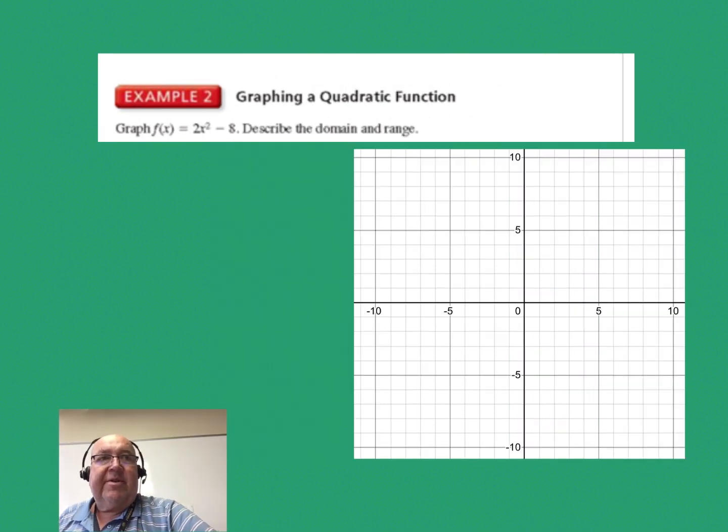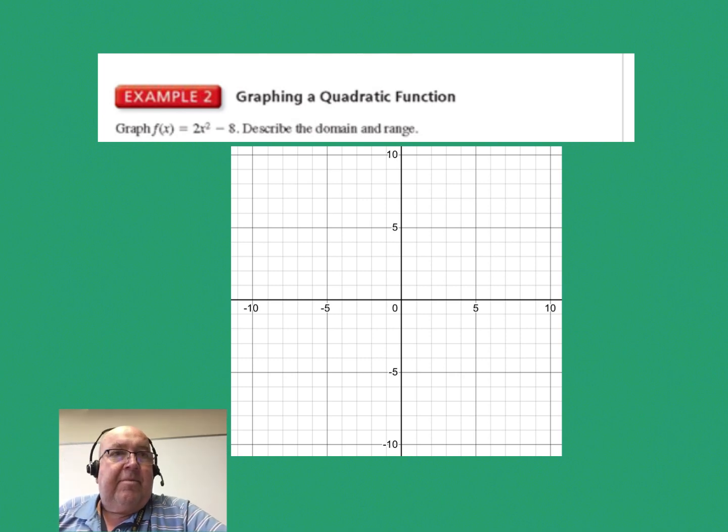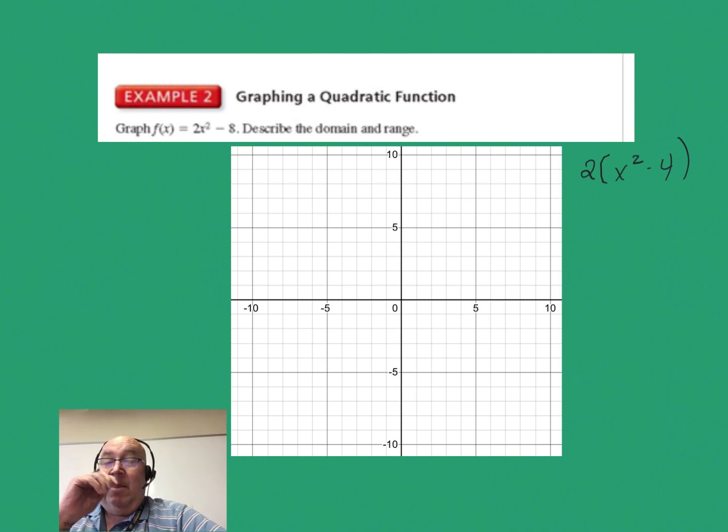So let's look at the function here really quickly. I'm going to move my graph a little bit. If you remember from factoring, we can take 2 out of this, so we're going to factor out a 2, leaving x squared minus 4. And if you remember the special products we had for factoring, this would be 2 times x plus 2 and 2 times x minus 2.